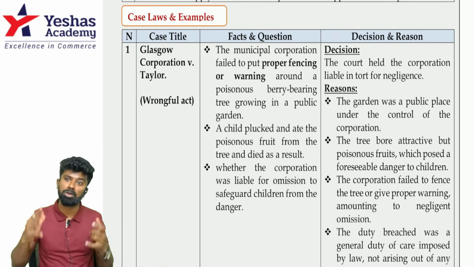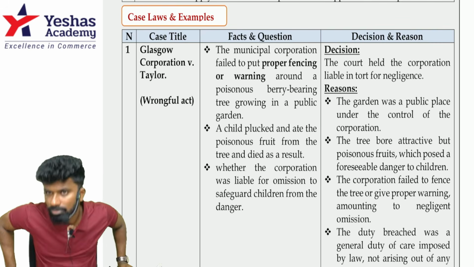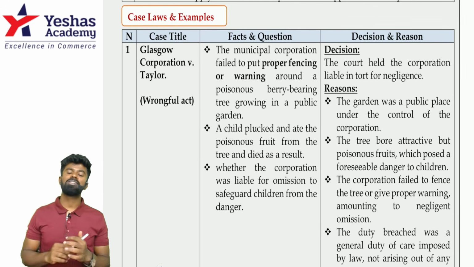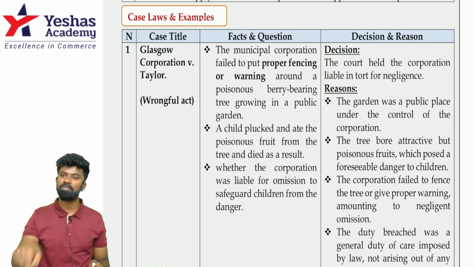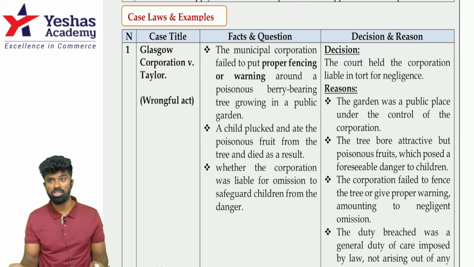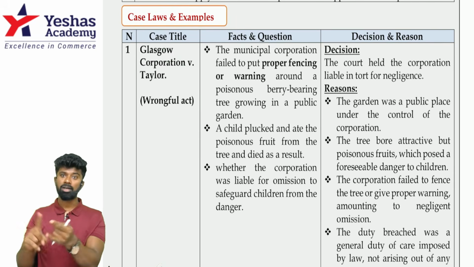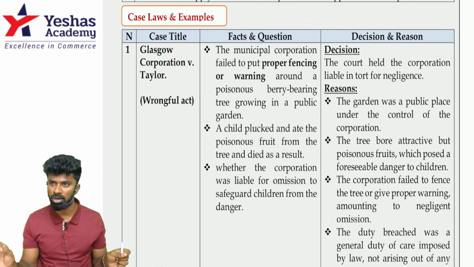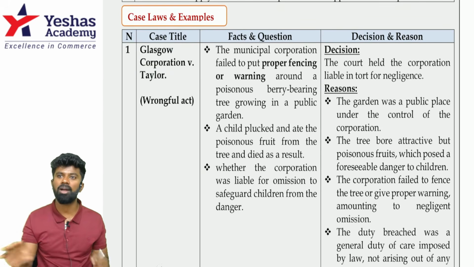We also want people to know this is a poisonous tree. Should they have not put the tree in the first place? Yes, your contention is correct, but that is not what happened here. At least they should have given specific warnings. There was no specific warning. The child ate the poisonous fruit and he is dead.